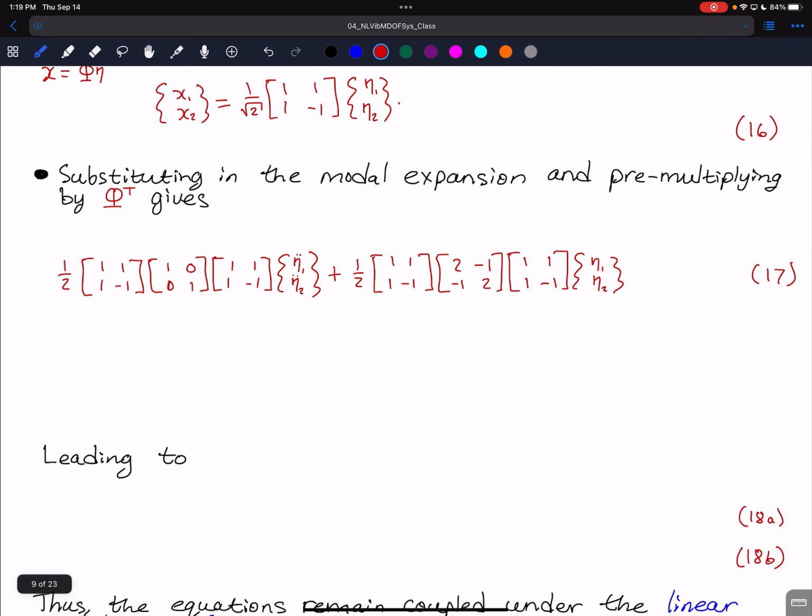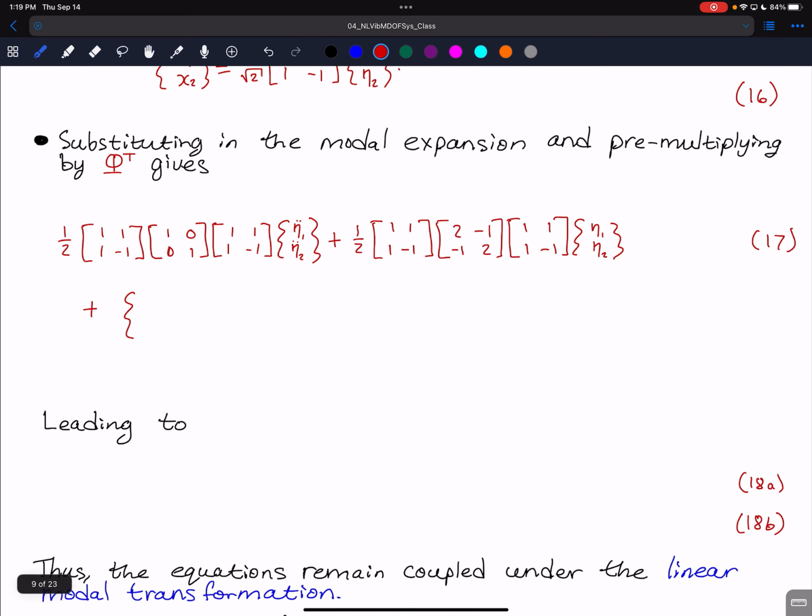And then lastly, we now need to compute that nonlinear force vector. In the first entry, we're going to have 1 over square root 2 times eta 1 plus 1 over square root 2 times eta 2, that quantity cubed, and then 0.